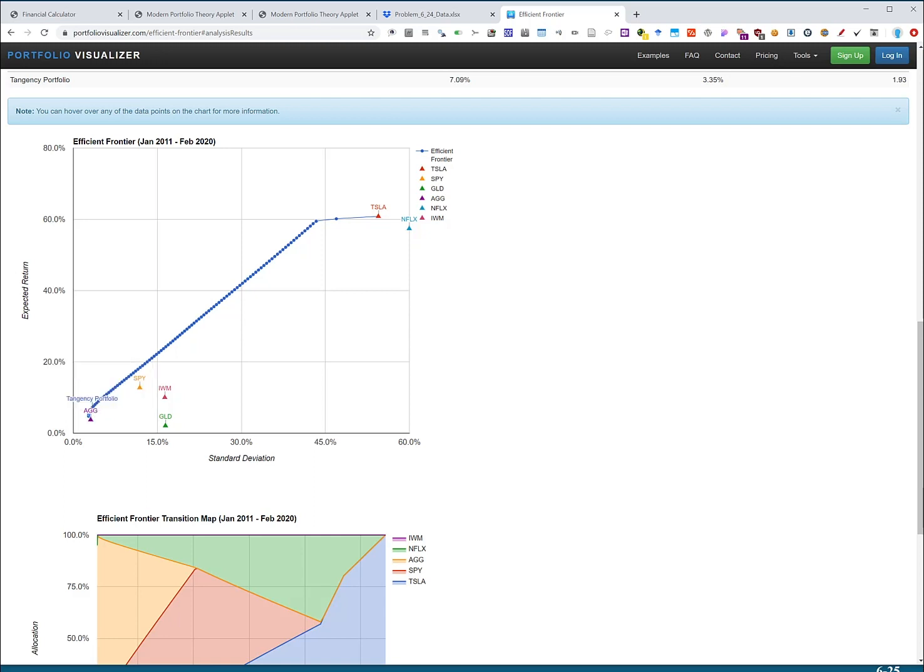But still, can you actually combine the two? Can you get a better portfolio? So here's our portfolio. The Sharpe ratio. Let's try to zoom in.